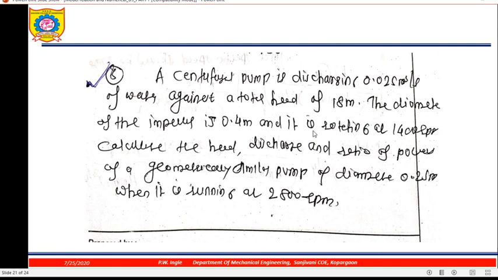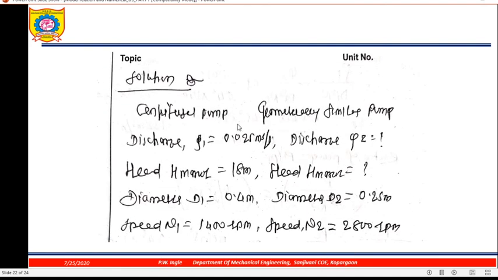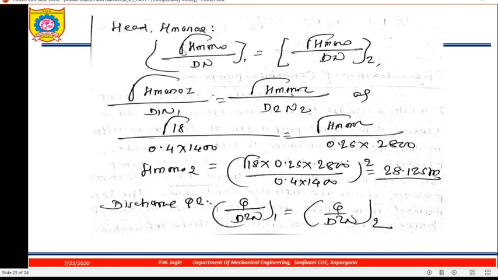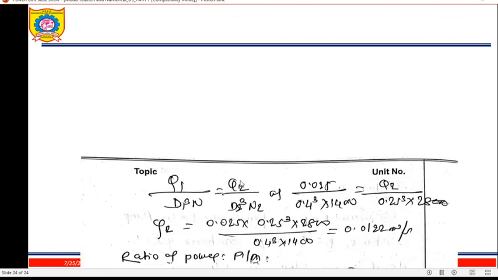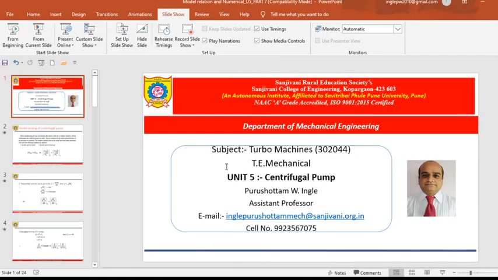Diameter of impeller is 0.4 meter and it is rotating at 1400 rpm. Calculate head, discharge and ratio of power of a geometrically similar pump. So you can write for pump 1 and pump 2 and go on using head coefficient, then flow coefficient and power coefficient, and you will get the answers.